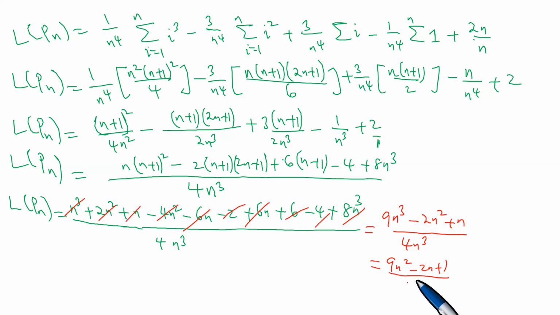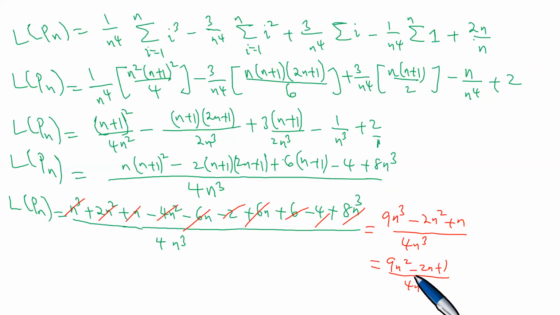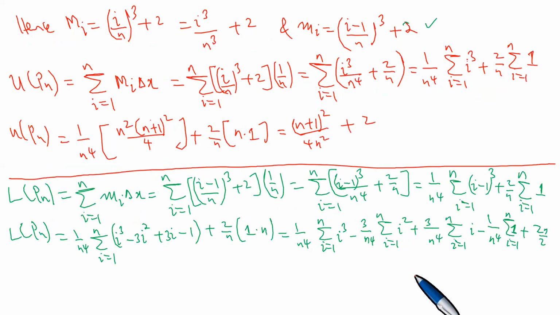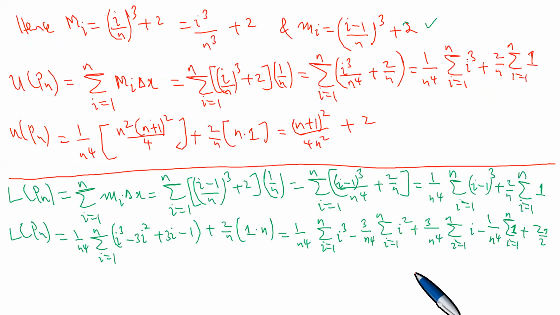You divide everything by 4n squared. All right, let's see what this is giving us.